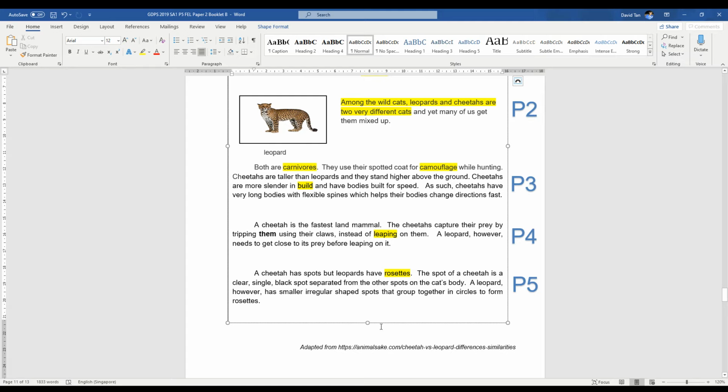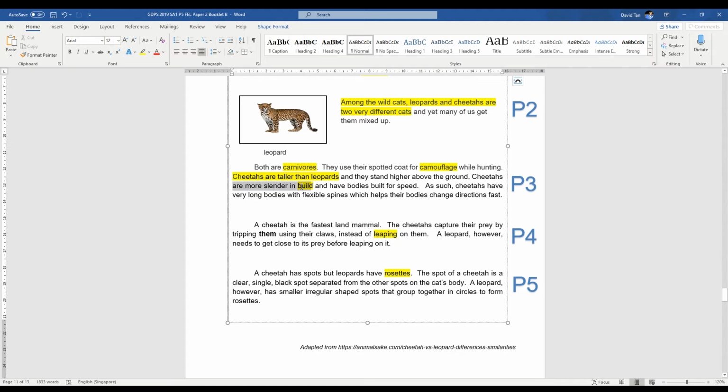Okay? So to guide you, I'm going to look at paragraph 3. Both are carnivores. So this one tells me already a similarity. Leopards and cheetahs are the same because they're both carnivores. It's not a difference. I shouldn't write this answer down. Now let's look here. Cheetahs are taller than leopards. This is one difference that I can write. Okay, and cheetahs are also more slender in build.